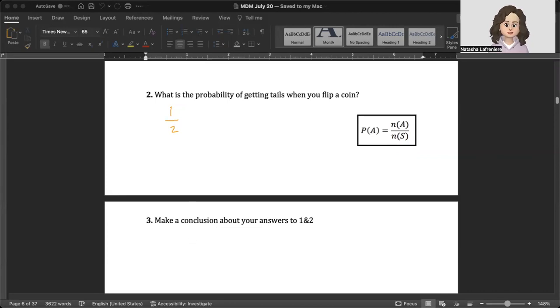So I'm going to type this out. P of tails given even is equal to P of tails, because they are independent events.